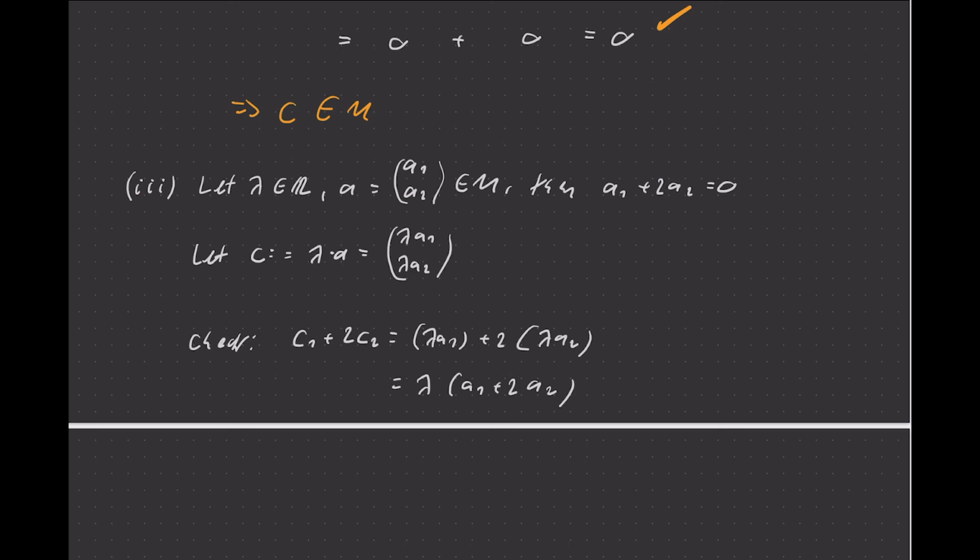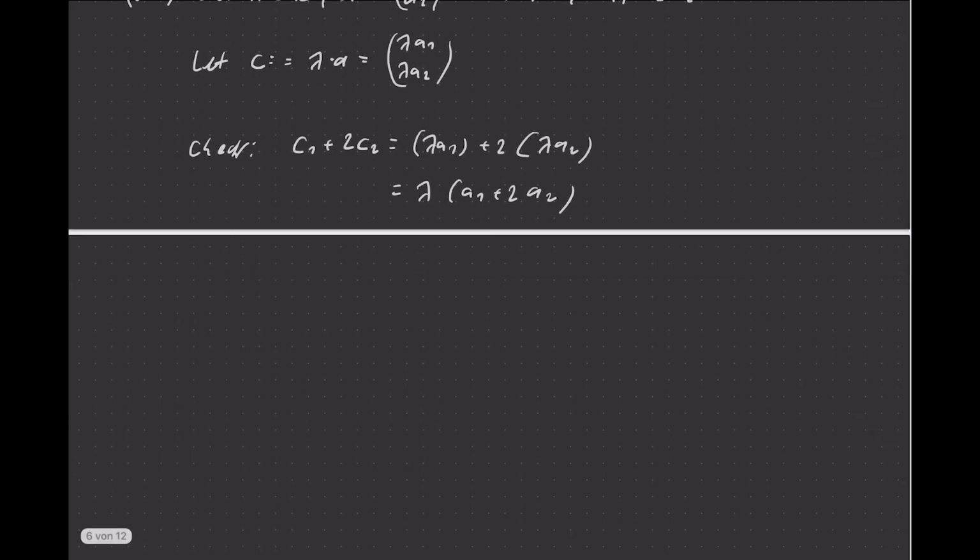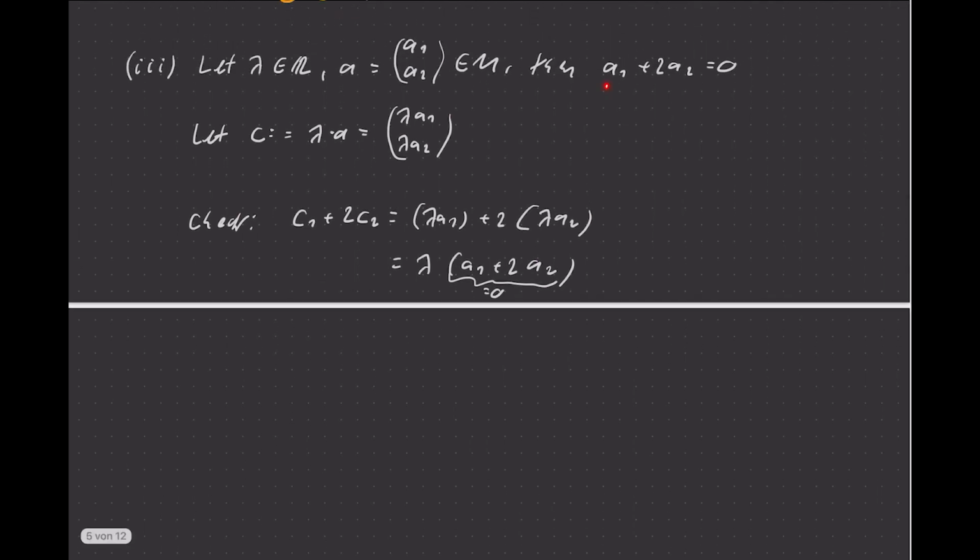Yeah, remember that's one of the distributive laws that hold in vector spaces. So, well, what do we get? We get an expression that again has a 0 here. Remember, this is exactly this equation here. It's equal to 0. So we get lambda times 0. And of course, that is 0.